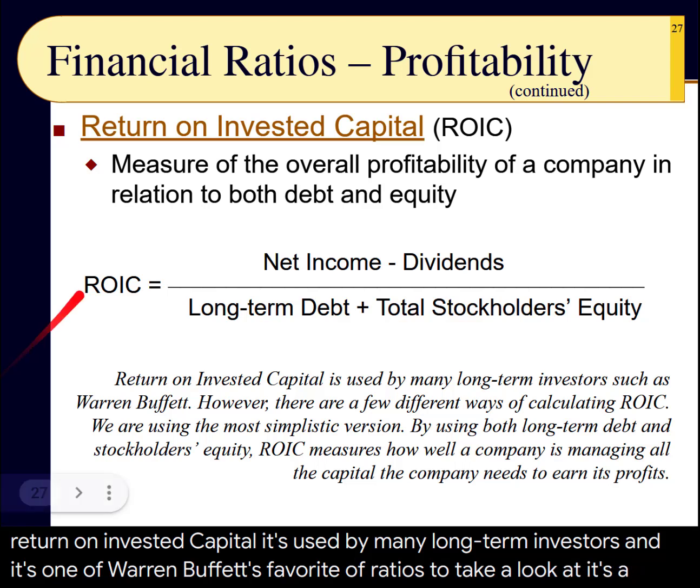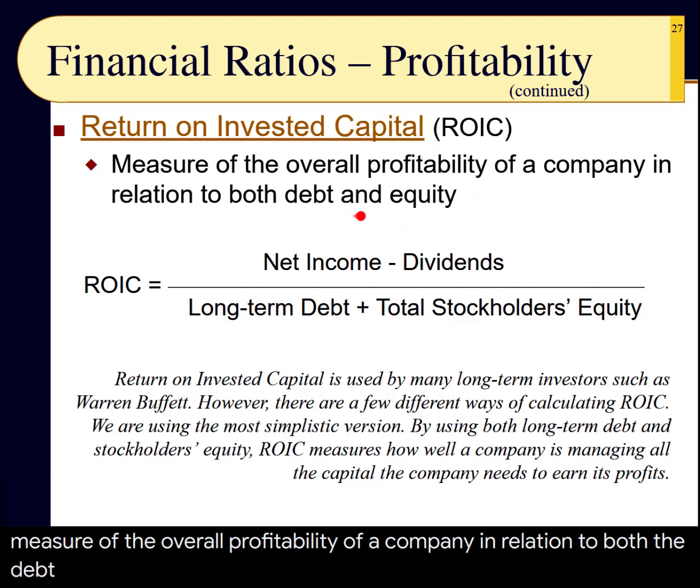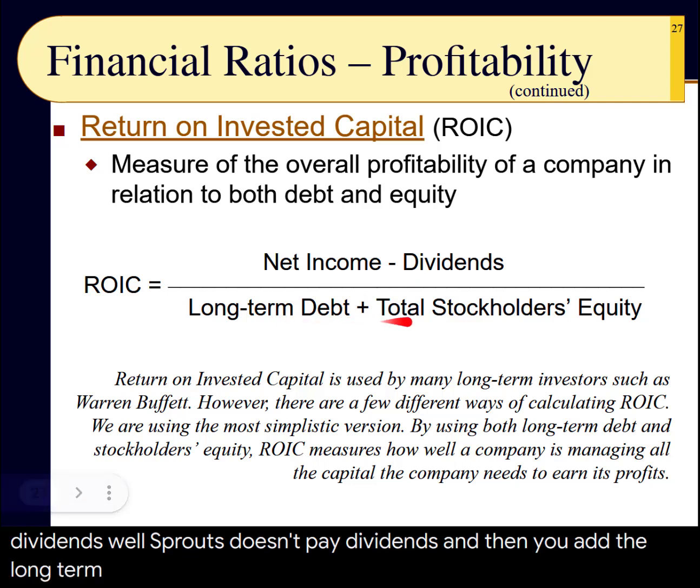It's a measure of the overall profitability of a company in relation to both the debt and the equity. So we take the net income, subtract the dividends. Well, Sprouts doesn't pay dividends. And then you add the long-term debt to the total stockholders' equity.